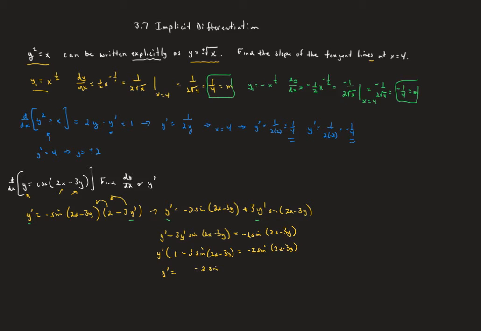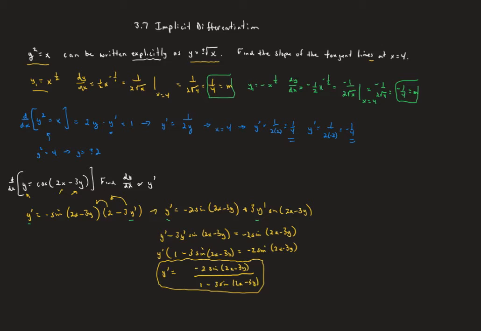It looks a little messy, maybe even a lot messy, but our claim is that the derivative is going to be what we see coming out of this. Now it may be tempting to try to cancel those sine of 2x minus 3y's. Resist that temptation, because that is not correct. Because of the 1 minus, we can't just cancel an individual term.